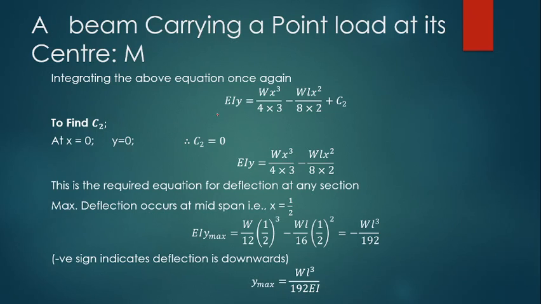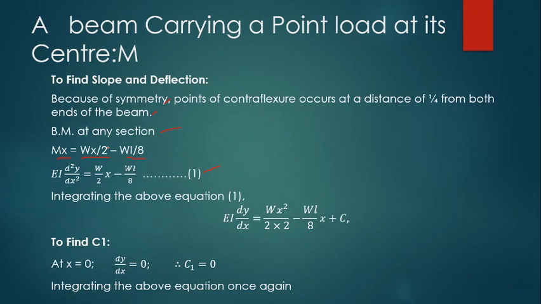Here, with the help of the double integration method, we have the differential equation of bending: EI d square y by dx square is equal to M, where M is a continuous expression for moment anywhere in the beam. We integrate this equation once, and you get dy by dx and an integration constant C1.